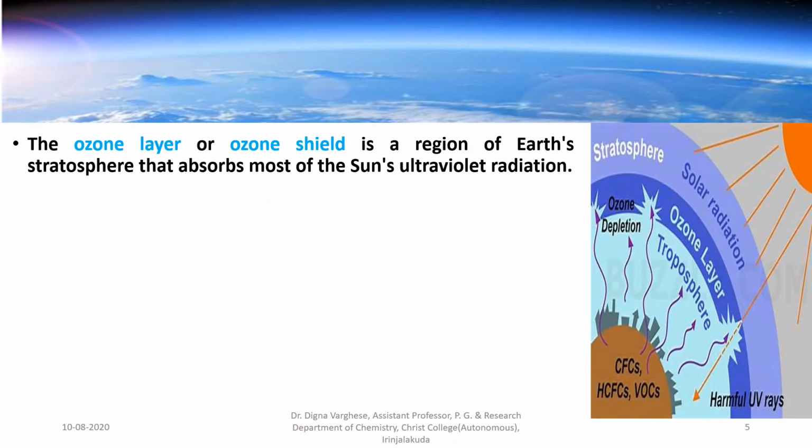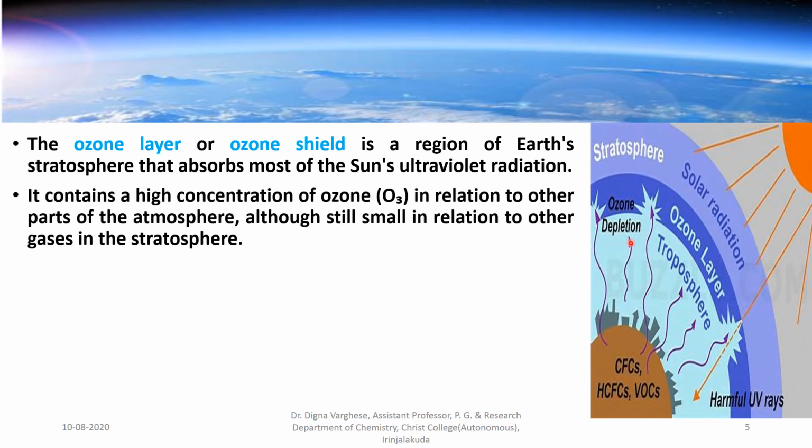The ozone layer or ozone shield is a region of Earth's stratosphere that absorbs most of the sun's ultraviolet radiation. It contains a high concentration of ozone in relation to other parts of the atmosphere, although still small in relation to other gases in the stratosphere.